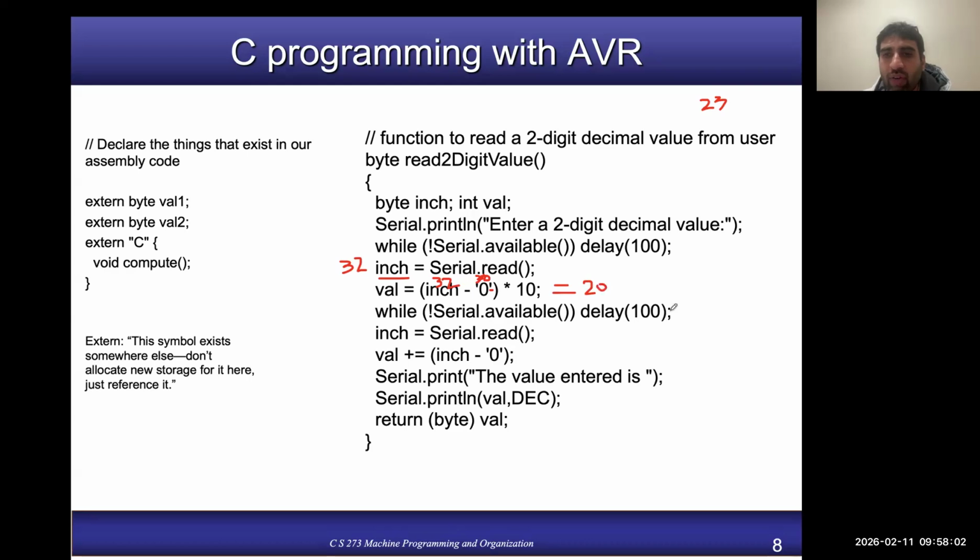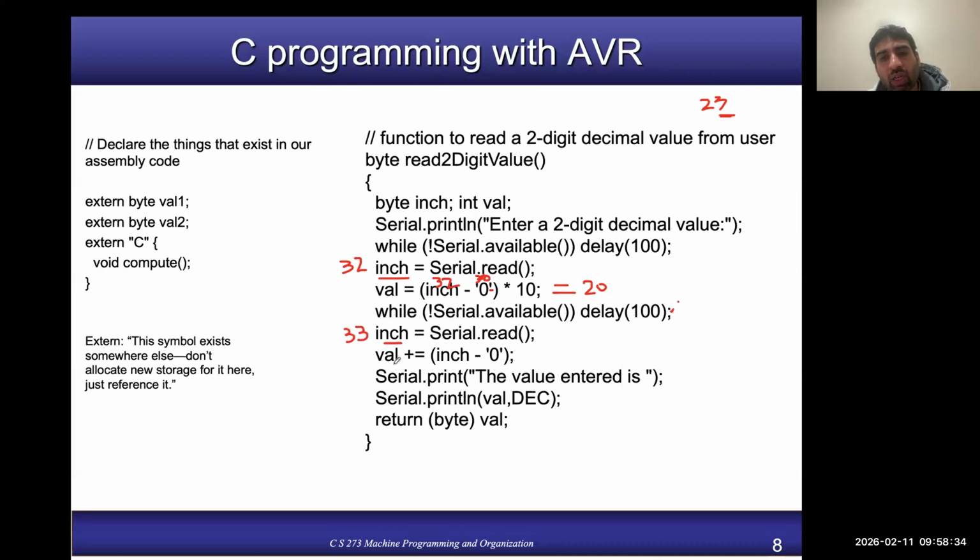And then this program will again wait for 100 time units, and then it will read the second character which you will press. In this example, it will be 3, right? So it will read it and place it in the inch variable. What is the ASCII code of character 3? It is 33, right?